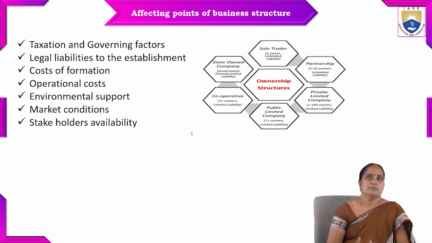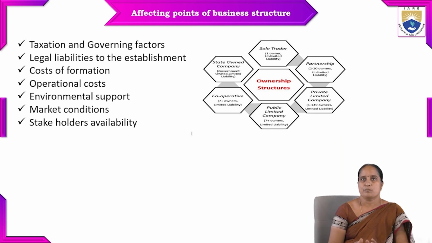So what factors affect the choice of business structure? Taxation and government factors, legal liabilities, ease of establishment, whether we can easily set up the business or not, and cost of formation, how much cost is incurred to establish a business organization, and what operational cost is involved to run the business smoothly.